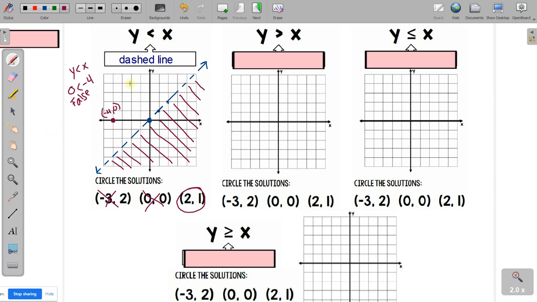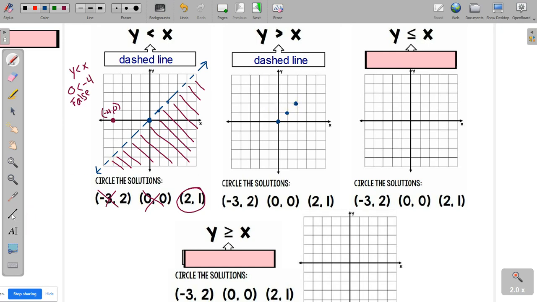Let's look at the next problem. We have y is greater than x. So greater than is also a dashed line. We have the same equation. So we're going to start at our y-intercept, which is 0, and our slope is 1.